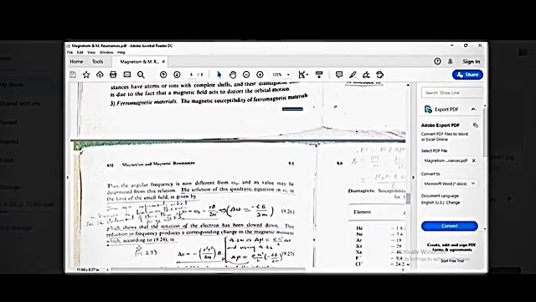We write that omega is equal to omega naught minus EB over 2M, where omega naught was the angular velocity of the revolving electron in the absence of the field. So when the field is applied, we get the factor EB over 2M, and the new angular velocity is omega equal to omega naught minus EB over 2M.